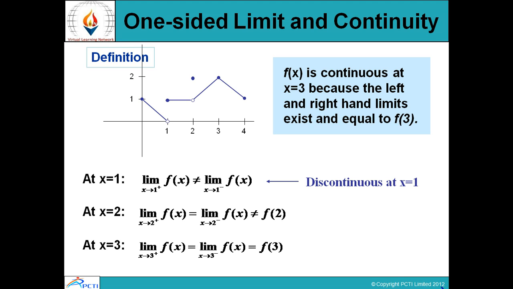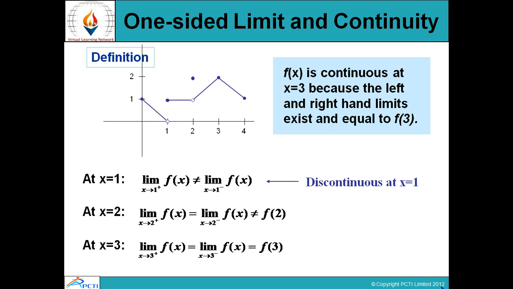So f(x) is continuous at x equal to 3 because the left and right limits exist and equal f(3), from the figures. At x equal to 1, the limit from the right does not equal the limit from the left, so it is discontinuous at x equal to 1.